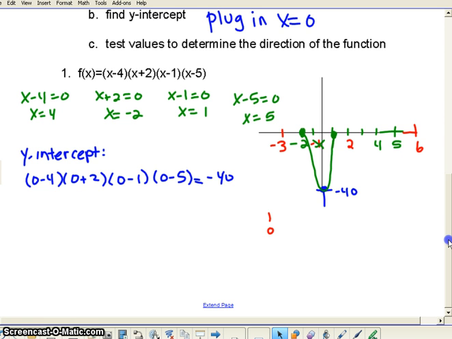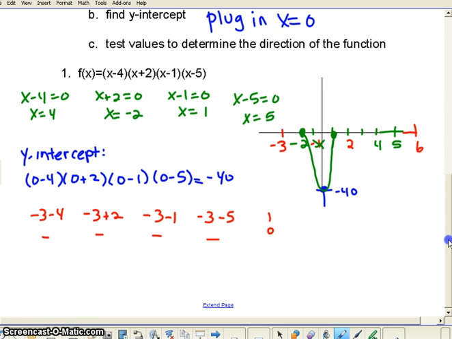All right, let's plug in -3 for all the x's. -3 minus 4 is going to give me a negative number. -3 plus 2 is going to give me a negative number. -3 minus 1, negative, and -3 minus 5, negative.